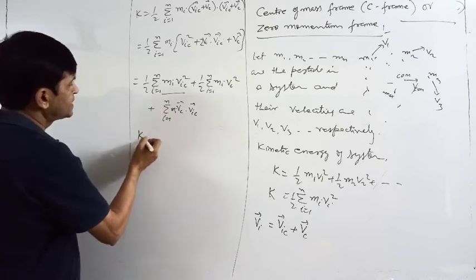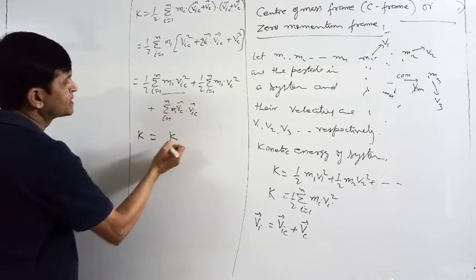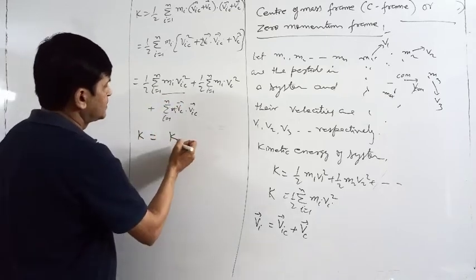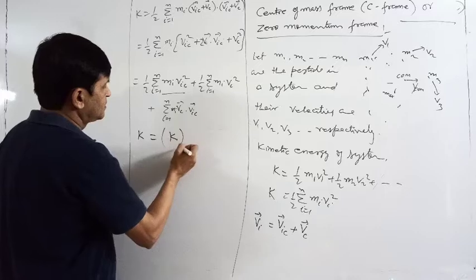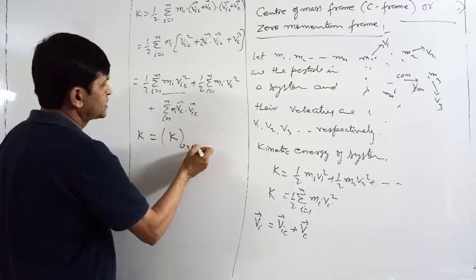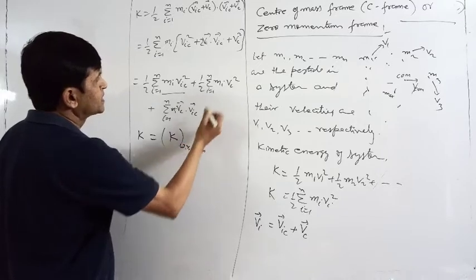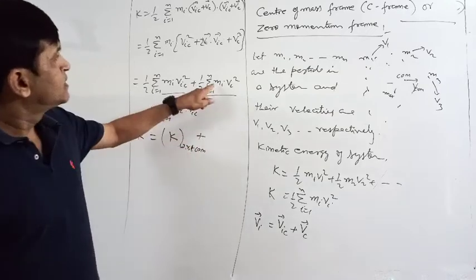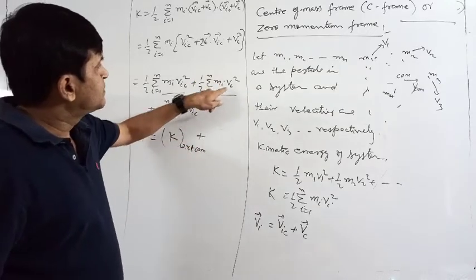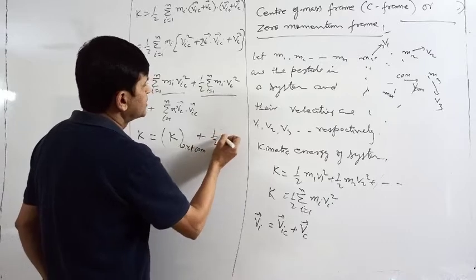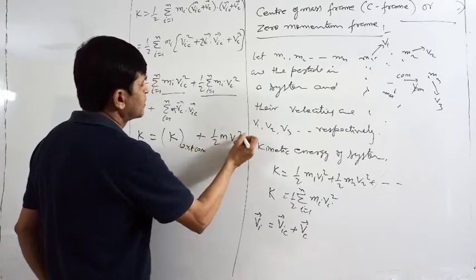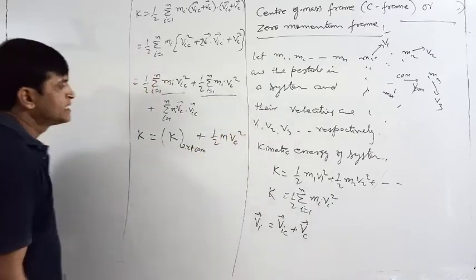So K is equal to the kinetic energy with respect to COM, plus what is this? Sigma mi is total mass. We see the velocity of center of mass. So this is half total mass times velocity of center of mass squared. It means it is the kinetic energy of center of mass.